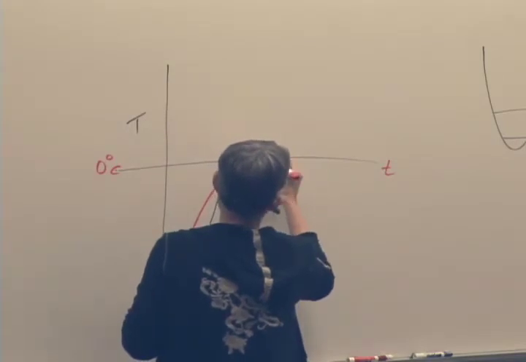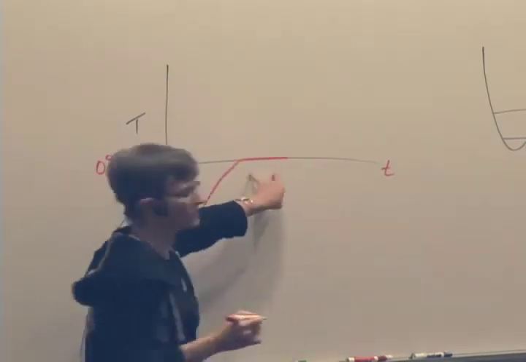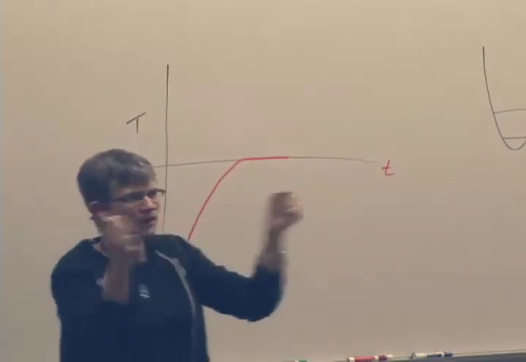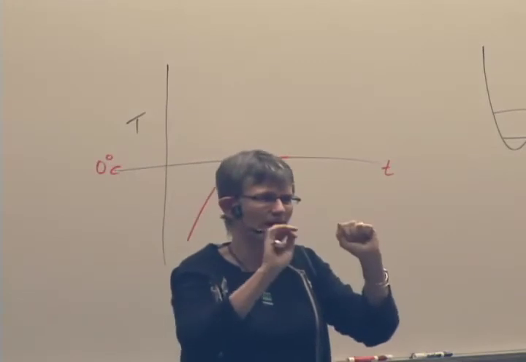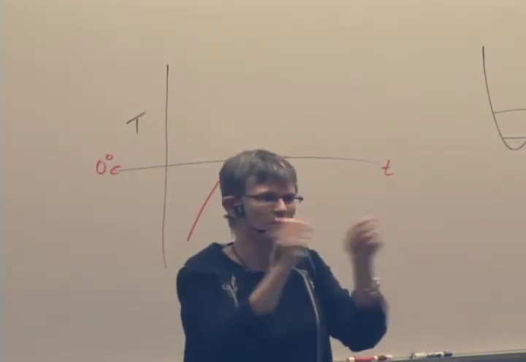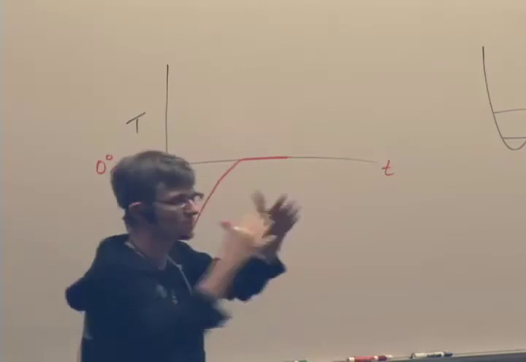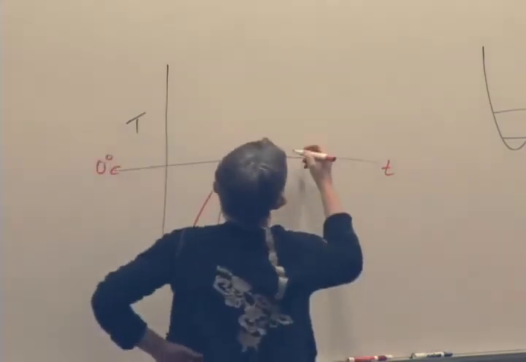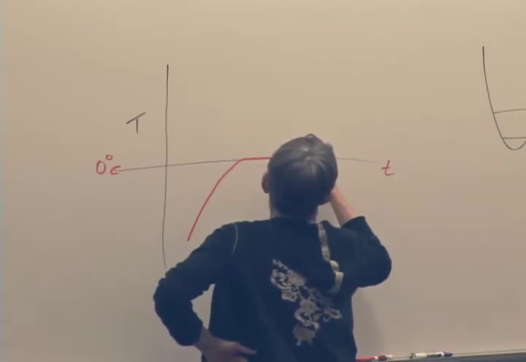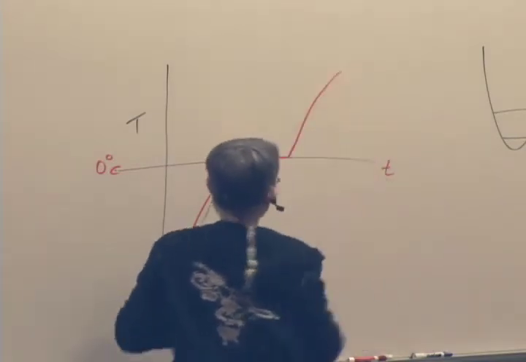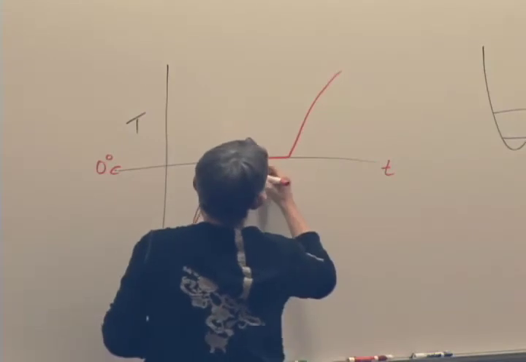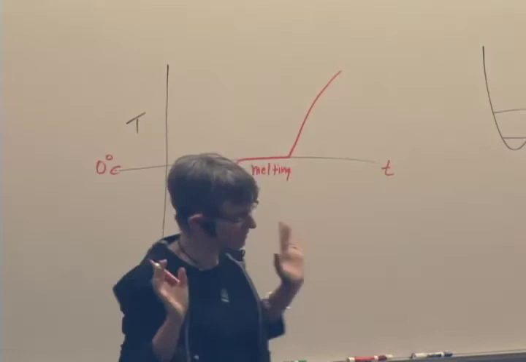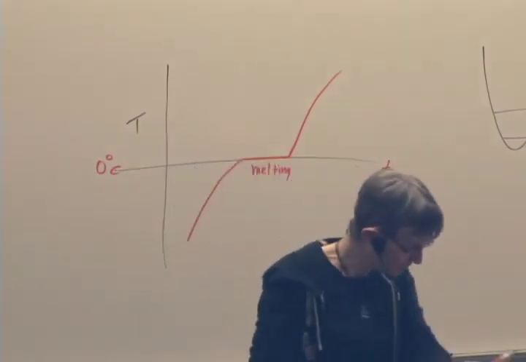And an interesting thing is that while it's melting, the temperature stays constant because you're not putting in energy to make the atoms in the lattice vibrate more anymore. What you're doing is actually breaking bonds between different water molecules. And so then when it's melted and it's a puddle, then it starts to go up again. But during the melting process, the temperature is actually constant.